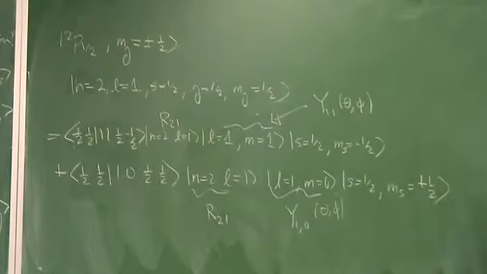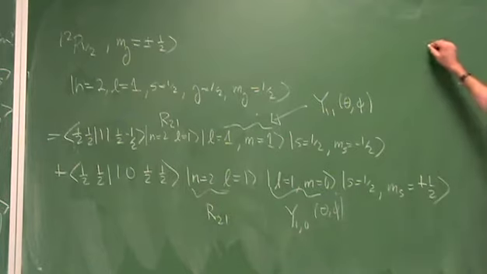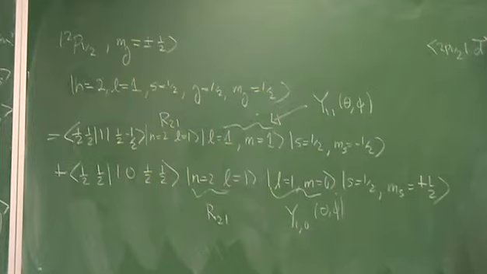Okay, I'm glad you brought this up, Aaron. This is worth reminding what we're talking about here, because this is the kind of thing you need to do in your homework assignment. In order to calculate a dipole matrix element, the dipole moment of the electron depends on the motion, not the spin. So if we want to calculate a dipole matrix element between, let's say we wanted to calculate something like this, right?